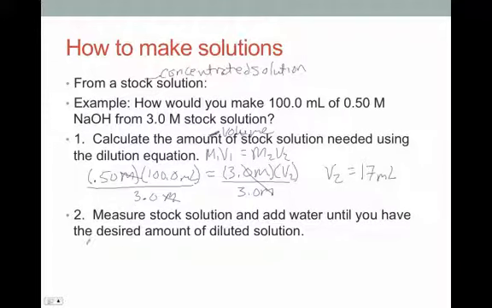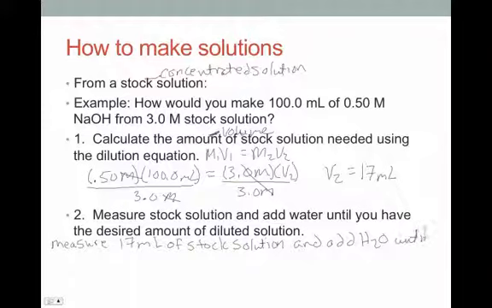So again, to answer the question of how you would make that amount, you would say you measure 17 milliliters of stock solution and add water until you have 100 milliliters of solution.